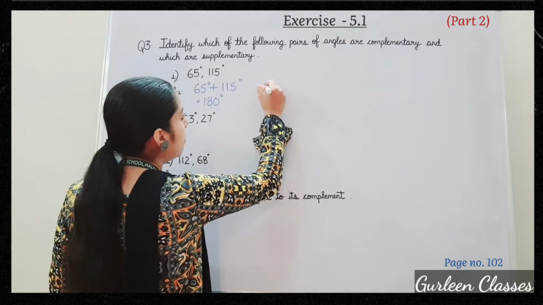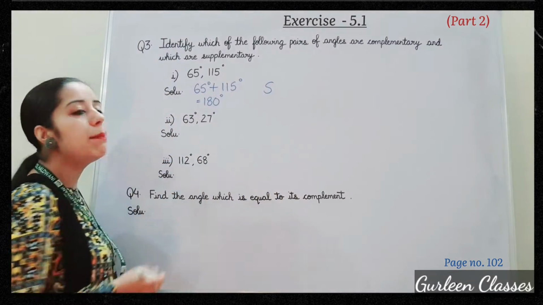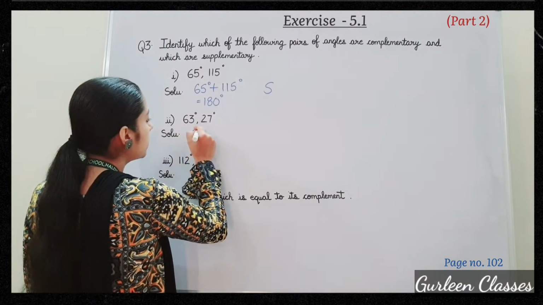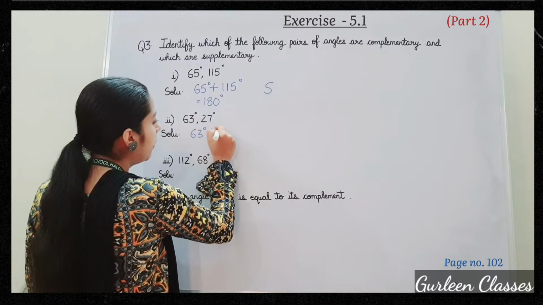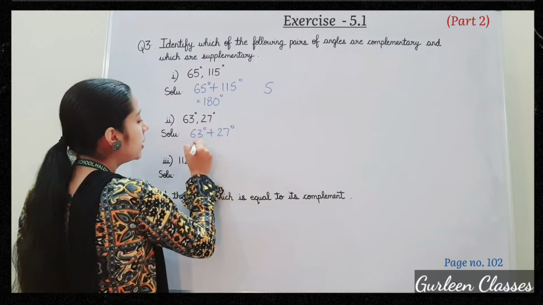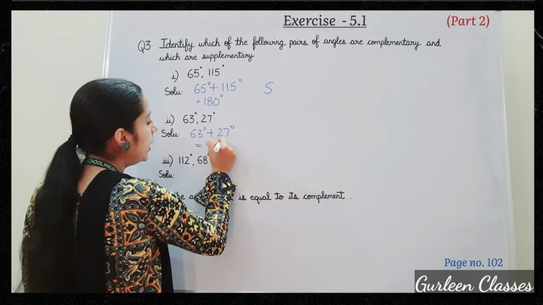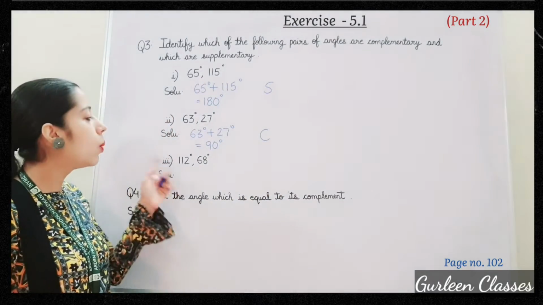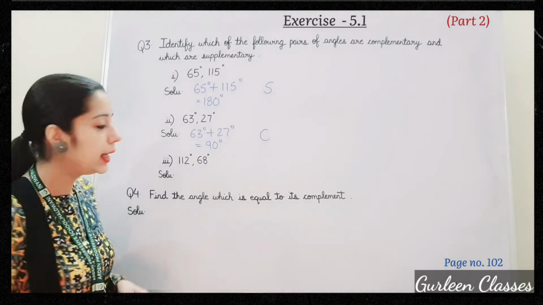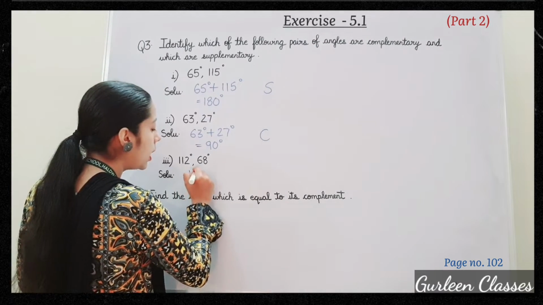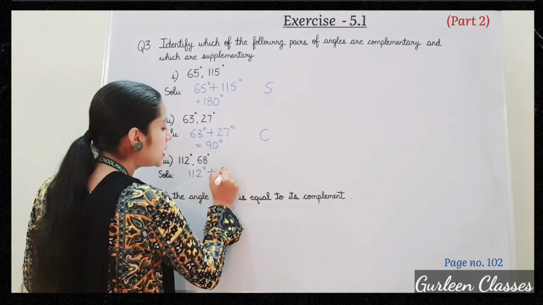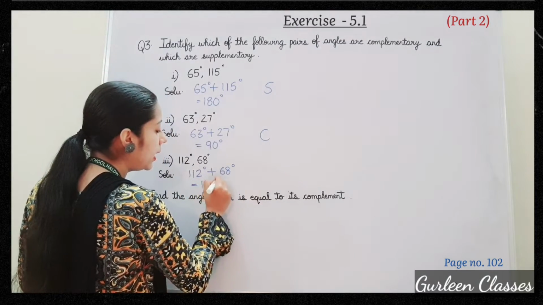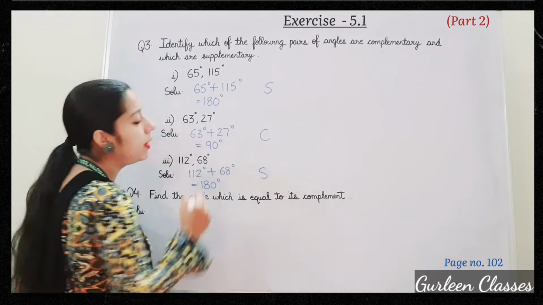So these are supplementary angles. Second part, 63 degrees, 27 degrees. 63 degrees plus 27 degrees is equal to 90 degrees. So these are complementary angles. Third part, 112 degrees, 68 degrees. 112 degrees plus 68 degrees is equal to 180 degrees. So these are supplementary angles.